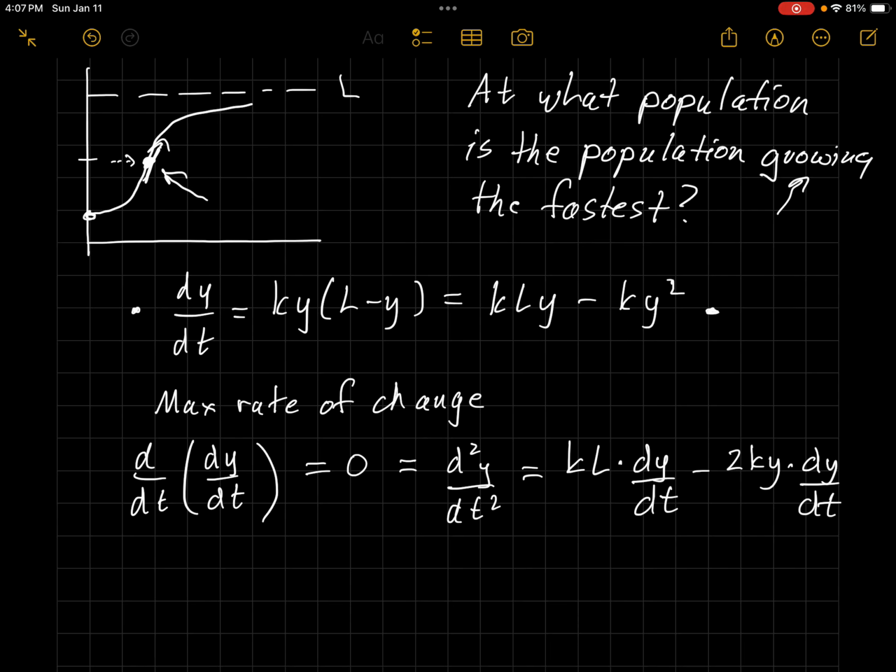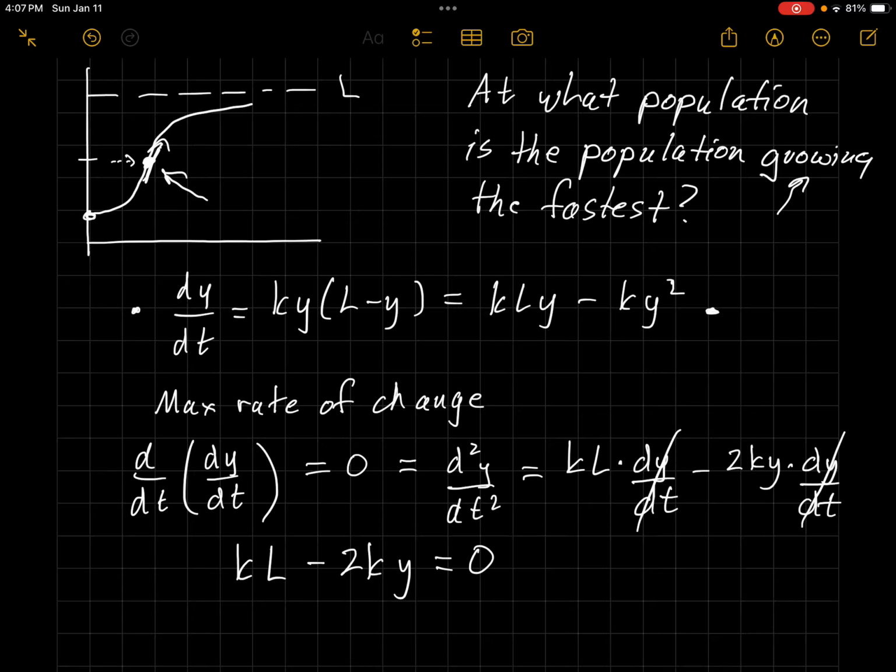We already established above that dy/dt is either positive or negative, so it's not going to be 0, so I will simply ignore it here, which gives me kL minus 2ky equals 0.